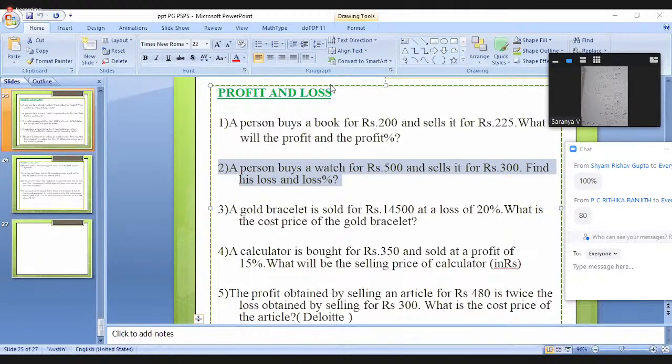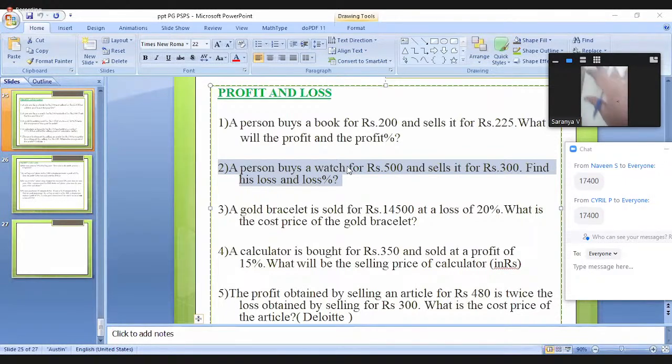Yes, cost price and the percentage. 100%. Find the 100 percentage amount. How much percentage amount is given in the question? 20 percentage loss. No, wait. That 14,500 is not a loss amount.